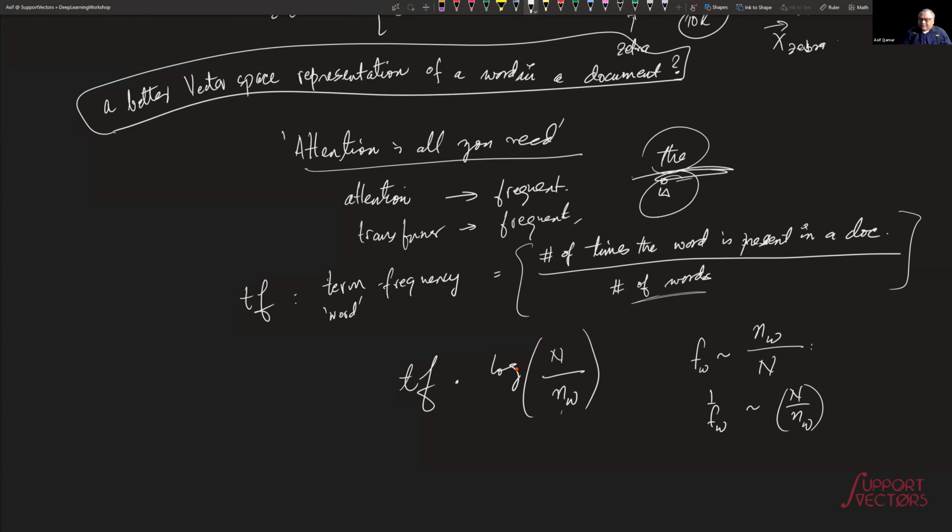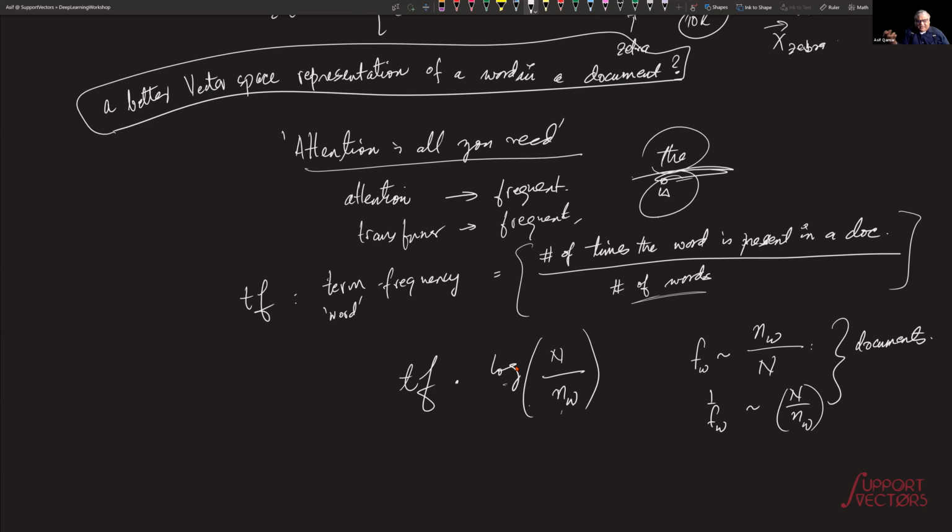And the log of it, so we were saying we want the log of the inverse frequency. And so a log inverse frequency is here. And we do this traditionally over documents. So it is basically saying, what is the rank of the word in the vocabulary? Are we together, guys?